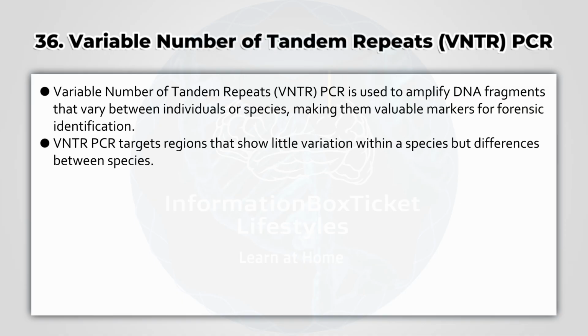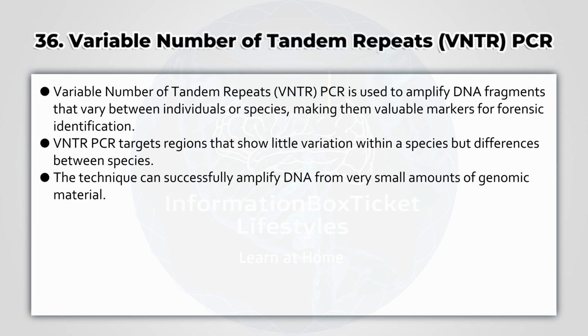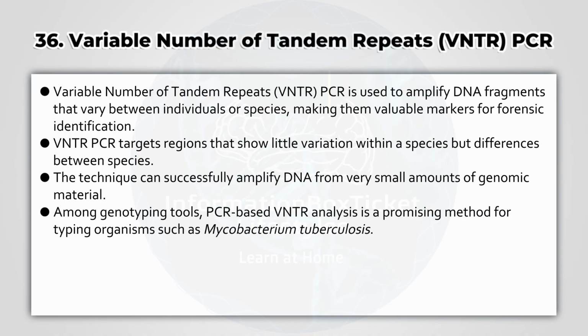VNTR PCR targets regions that show little variation within a species but differences between species. The technique can successfully amplify DNA from very small amounts of genomic material. Among genotyping tools, PCR-based VNTR analysis is a promising method for typing organisms such as Mycobacterium tuberculosis.